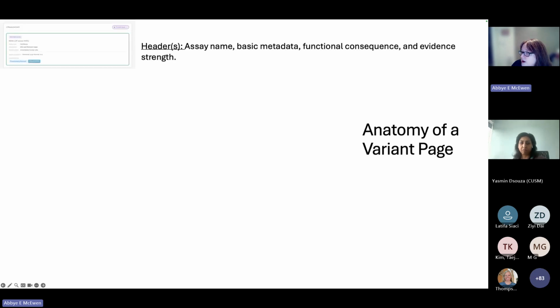So if this is a little bit general, don't feel confused. At the top of the page is the header section. This shows you very basic data like the assay name, basic metadata, the functional consequence of that variant, and any kind of evidence strength for that variant. If there was more than one assay, you would see multiple assays listed up here.